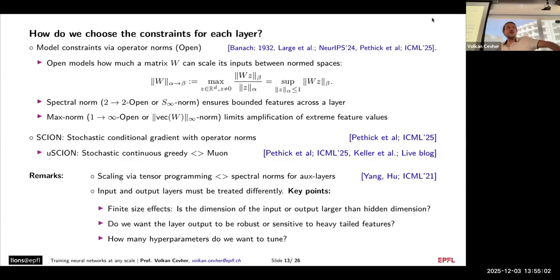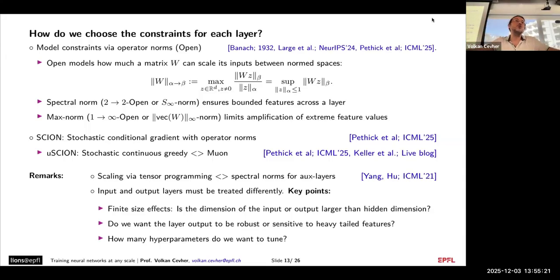You can use things like tensor programming and argue that you want the bounded features to result in bounded features across the neural network so that your neural network is Lipschitz. For this, you can use the spectral norm to control the 2-to-2 operator norm where the features propagate along the neural network.